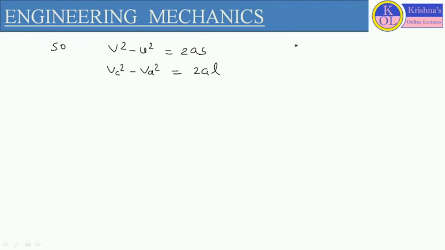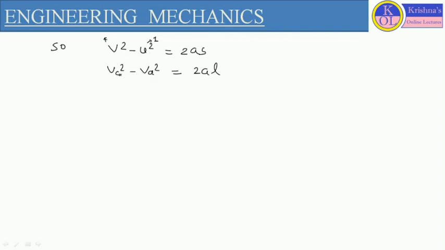This is one equation of the rectilinear motion. Here v is representing the final velocity and u is representing the initial velocity. So in place of V, we will put VC square, and in place of U square, we will put VA square.